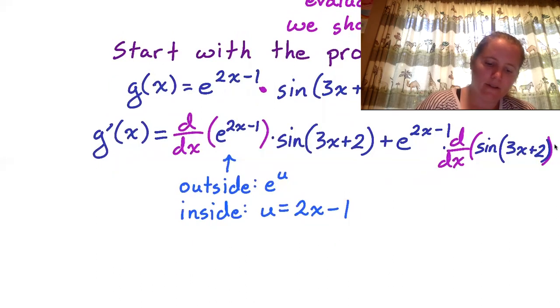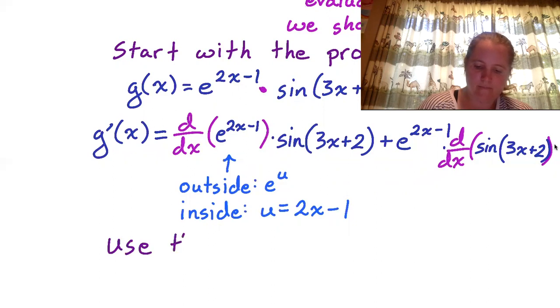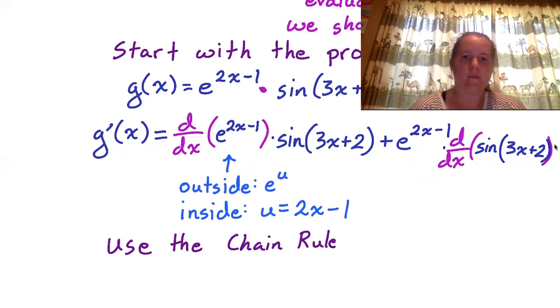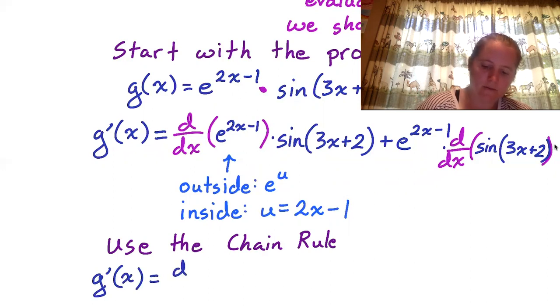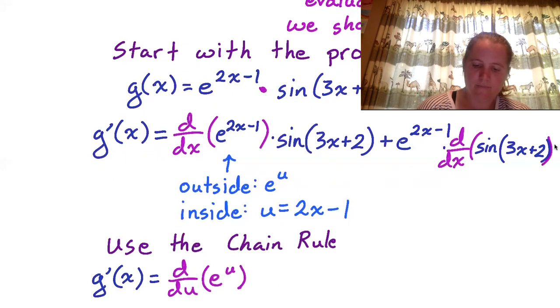So we're going to use the chain rule. So we have g prime of x is equal to, we'll do the derivative with respect to u of e to the u.